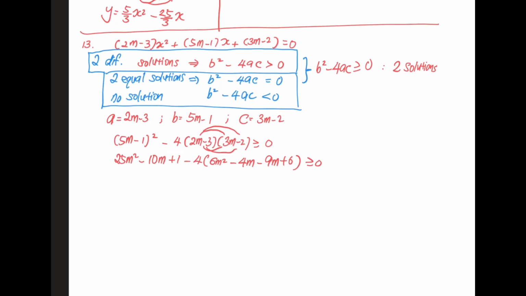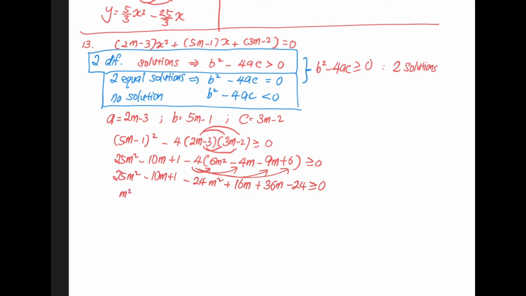So we leave the minus 4 outside, and now we times in. So 25m squared, minus 10m plus 1. Now I times minus 4 into each of these one by one. So I get negative 24m squared, plus 16m, plus 36m minus 24, more than or equal to 0.